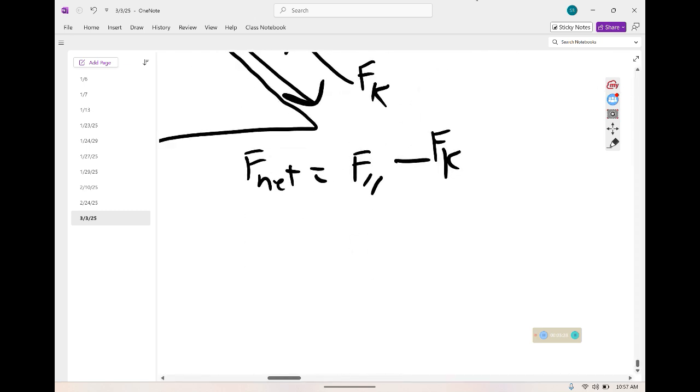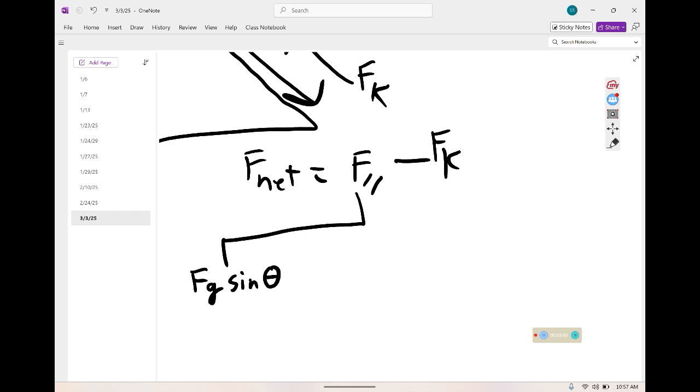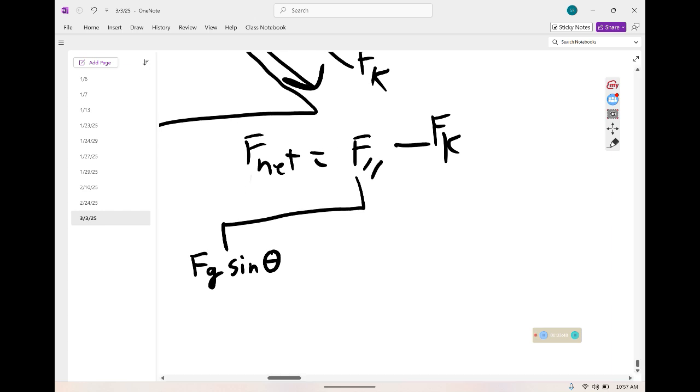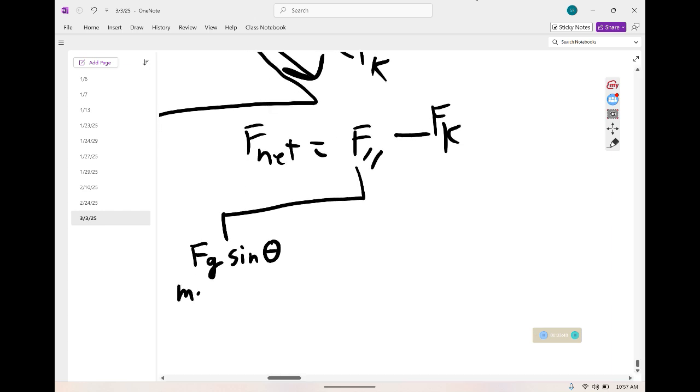Now, hopefully you guys remember that force parallel, the way we figure that out is we take the force of gravity and we multiply it by the sine of the angle of the ramp. The force of gravity parallel is mass times acceleration due to gravity times the sine of theta.